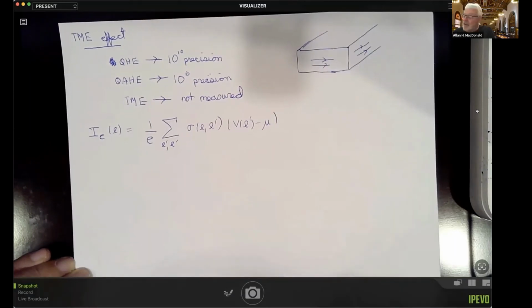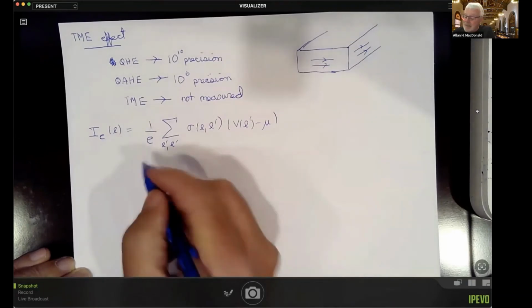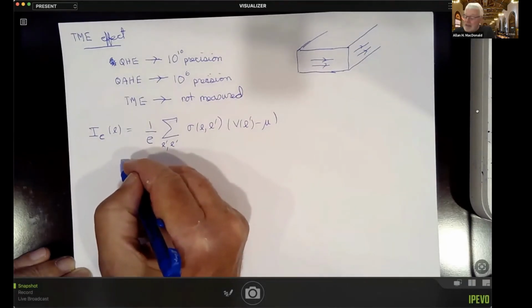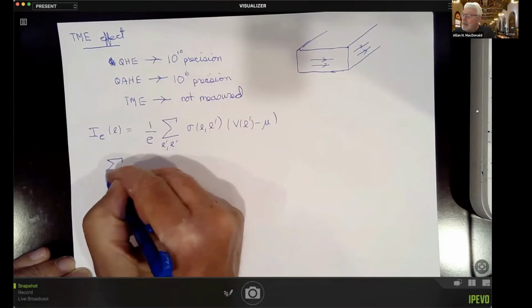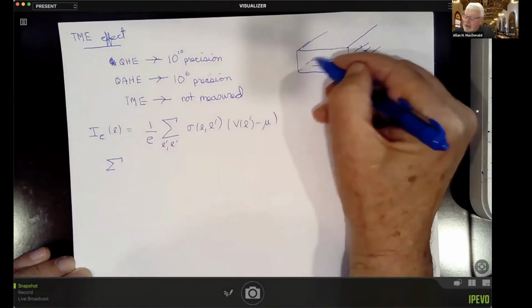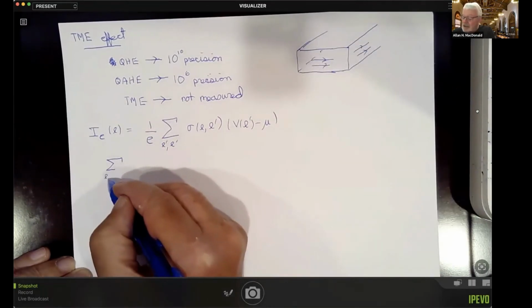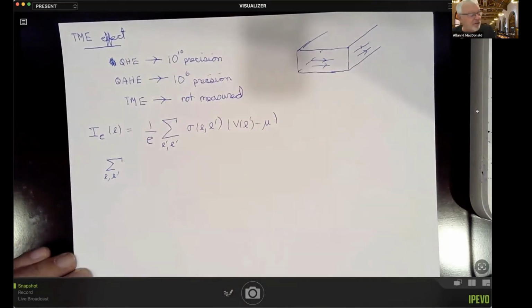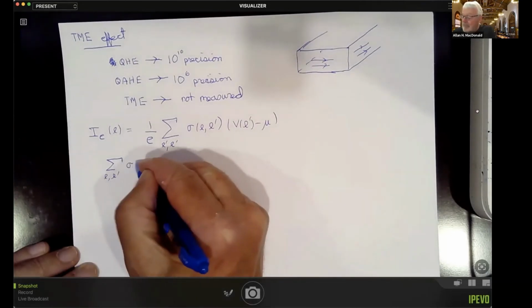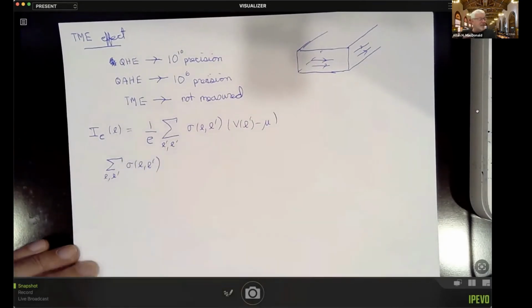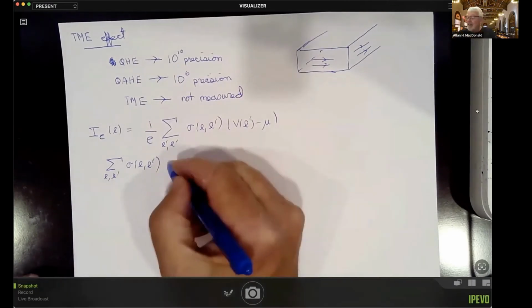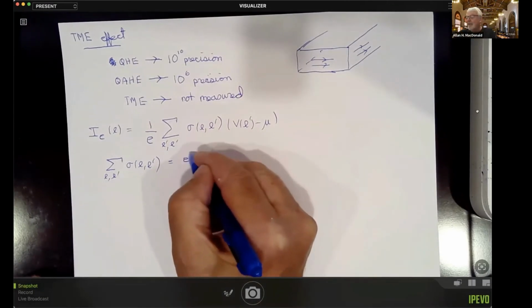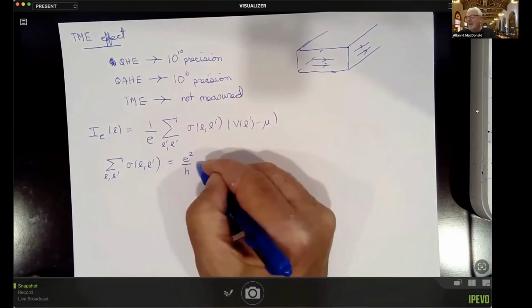And so one thing you know about this is that the sum over all total current and potential that's independent of layer. This is just the regular Hall conductivity. So this is just e squared over h times an integer.